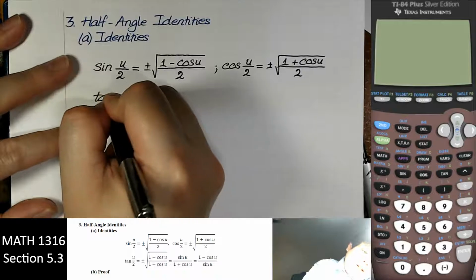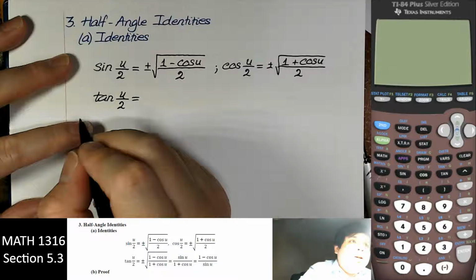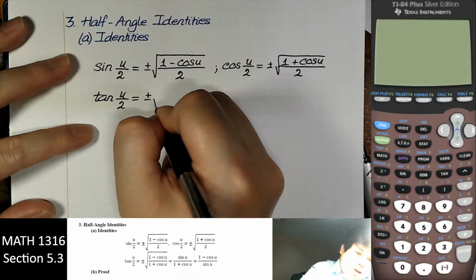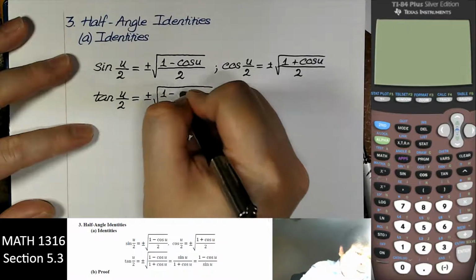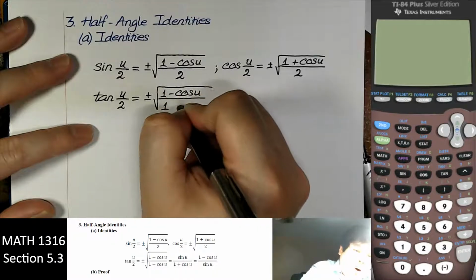and tangent of u over 2 is plus or minus the square root of 1 minus cosine of u over 1 plus cosine of u.